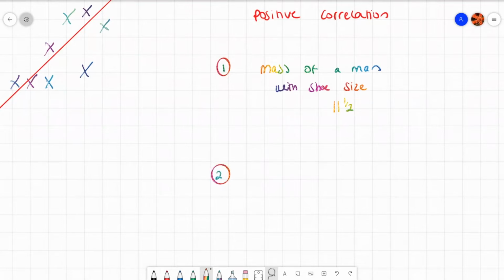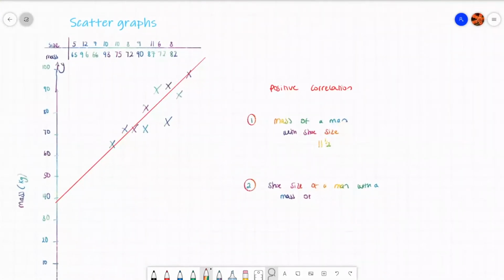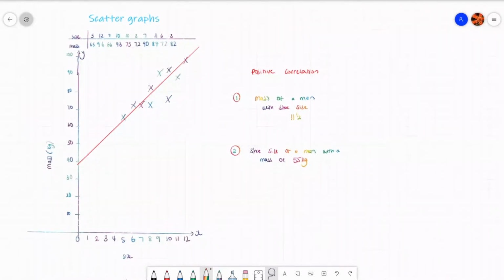Your second question is shoe size of a man with a mass of, let's have a look on here. What can we say? With a mass of 55 kilograms. So we need to use our graph now to work out these few questions.